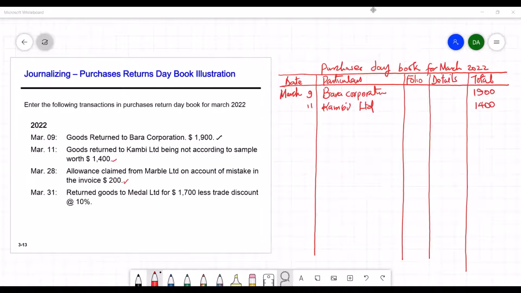On 28th March, allowance claimed from Marble Limited, $200.